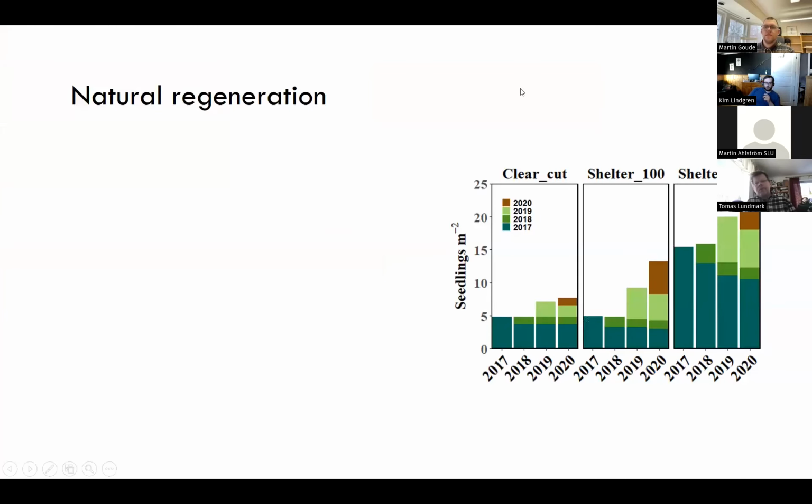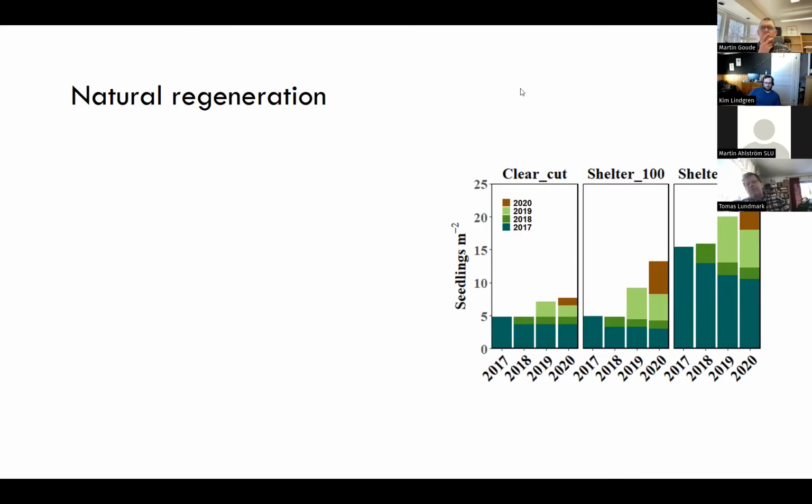And this is the main result of that study, where on the y-axis you have the number of seedlings per square meter. I would like to warn you against recalculating those numbers per hectare, because those seedlings were observed only on pure mineral soil, so recalculating directly per hectare would be totally wrong. Then you have 3 panels representing different shelter wood densities, from clear cut up to dense shelter wood of 200 trees per hectare.